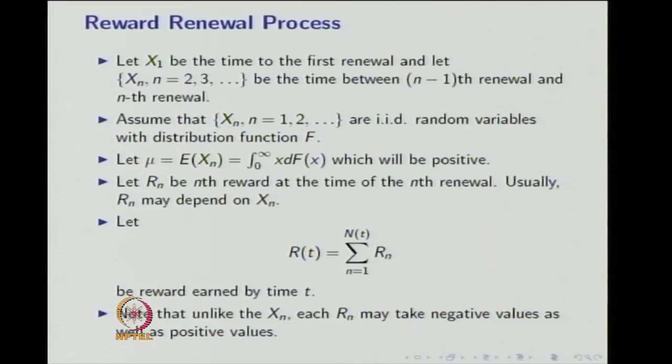Let Rn be the nth reward at the time of the nth renewal. For each renewal you are attaching a reward at the time of the renewal. Usually Rn may depend on Xn.